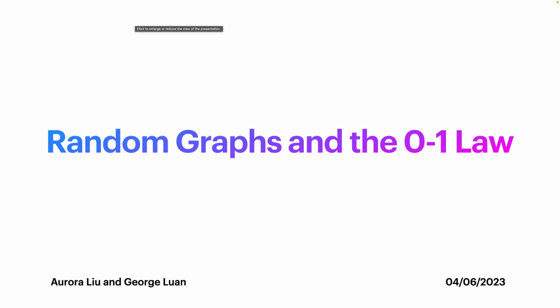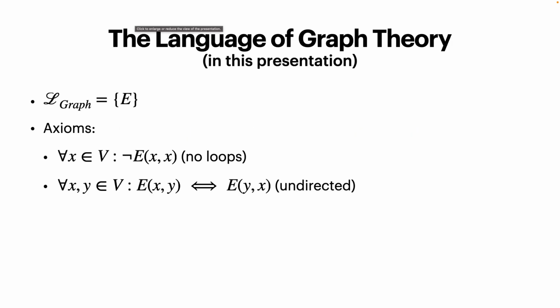To begin with, our presentation topic is random graphs. The language we use to describe random graphs is by their edges and vertices. The capital letter E represents edges, and the parenthesis that follows indicates which two vertices are connected by the edge. And V represents vertices.